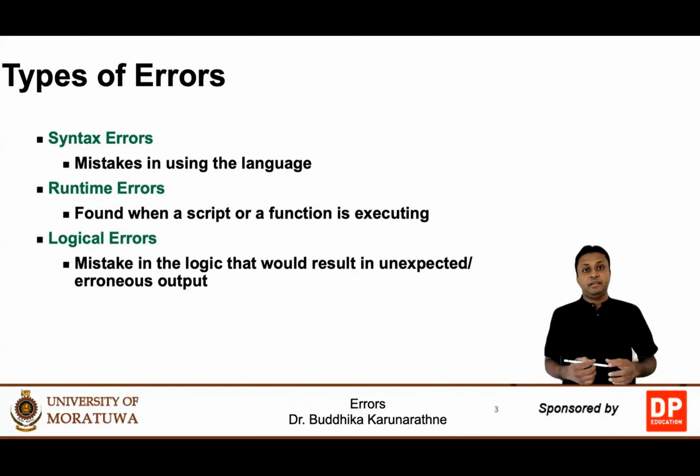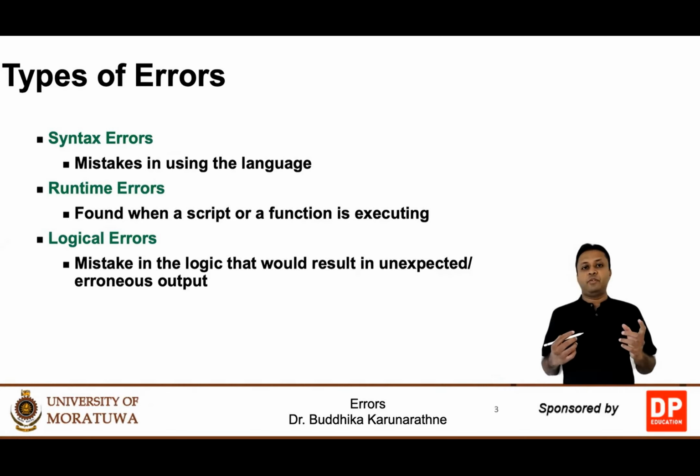We can identify several types of errors that we encounter in programming. What we usually call syntax errors are mistakes in using the programming language. Each programming language has its own syntax, and we should be very careful and write our programs correctly.